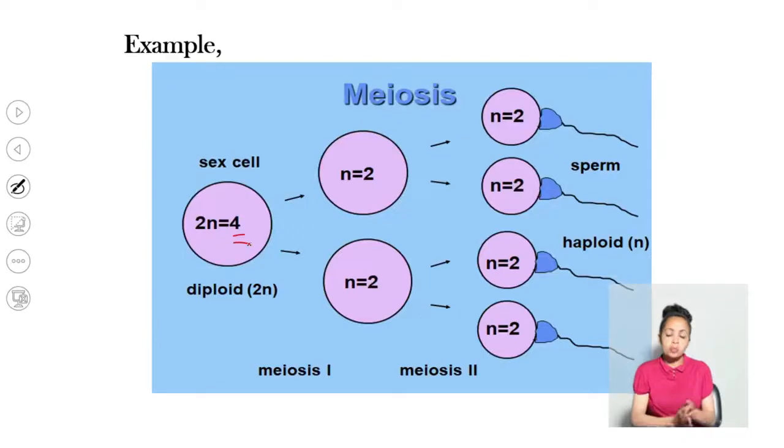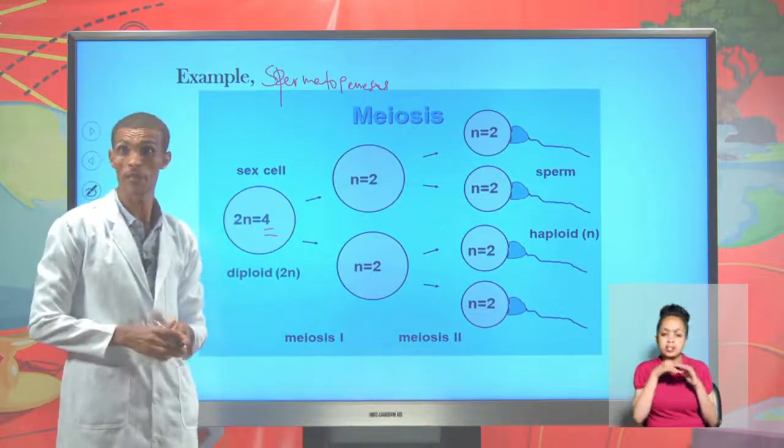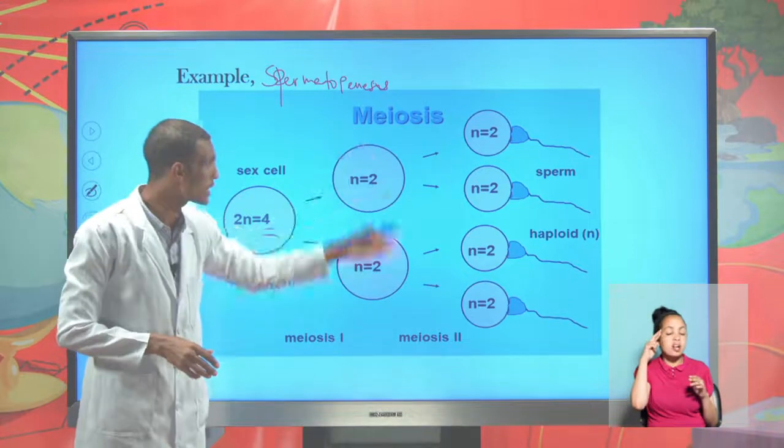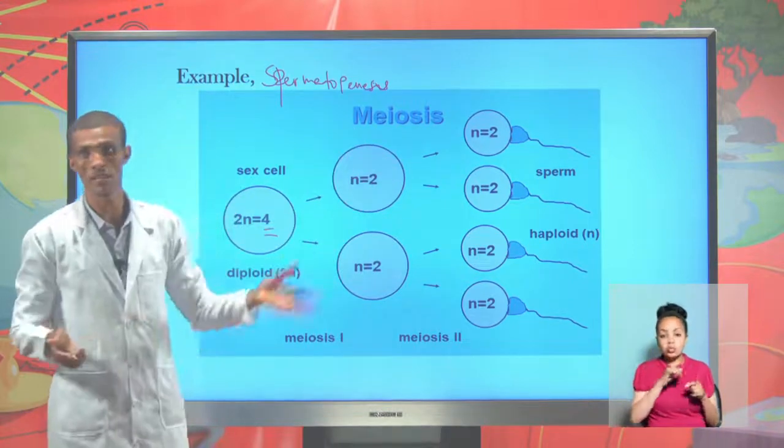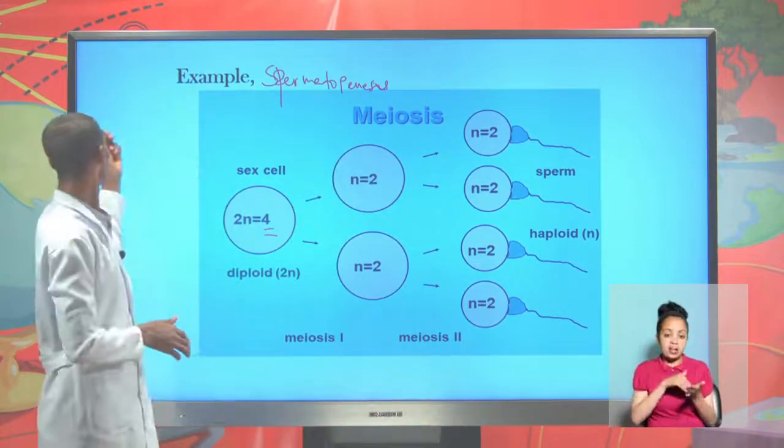So at the end of meiosis, we end up with 4 daughter cells, where the parental chromosome number is reduced by half. This is an example of spermatogenesis, which takes place in male gamete production. And again, oogenesis follows the same strategy and mechanism.